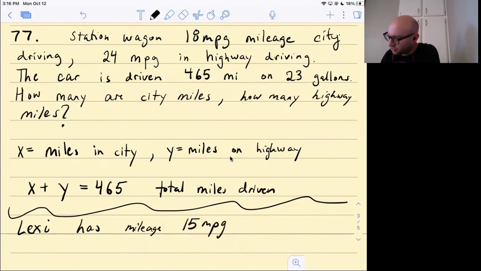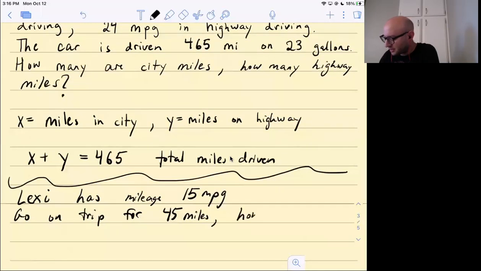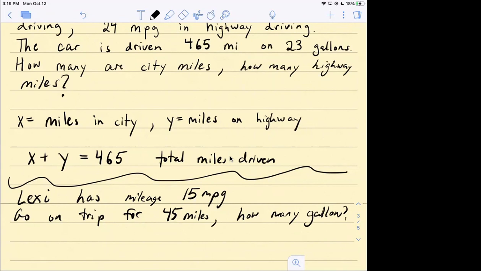If you go on a trip and drive for 45 miles, how many gallons does that take? If you want to go 45 miles, how many gallons do you need to have in your tank? Or how many gallons is that going to burn? 3. 3.